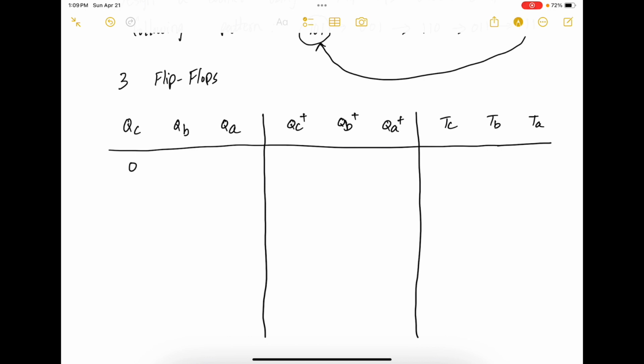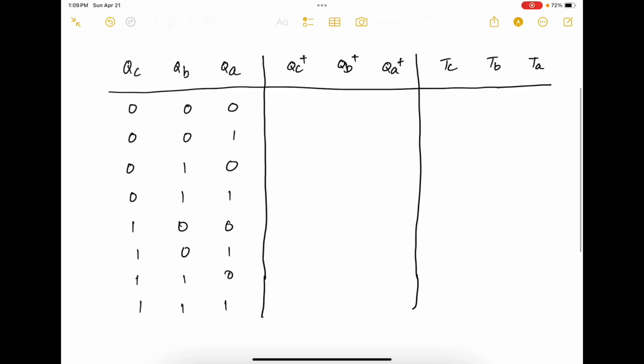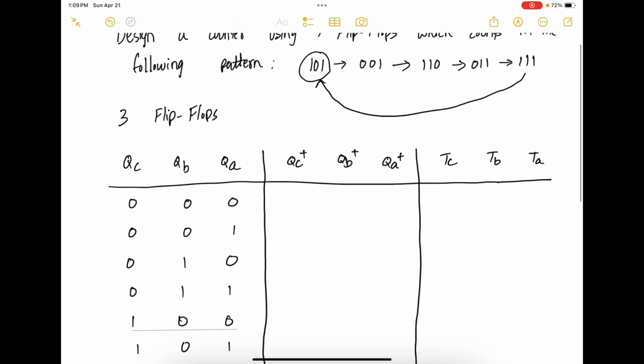So start with 0, 0, 0. We have 8 combinations for QC, QB, QA. If QC, QB, and QA are 0, 0, 0, the next state is don't care, because that sequence never occurs in our pattern. When it is 0, 0, 1, the next state is 1, 1, 0, as shown here. When it is 0, 1, 0, the next state is don't care.